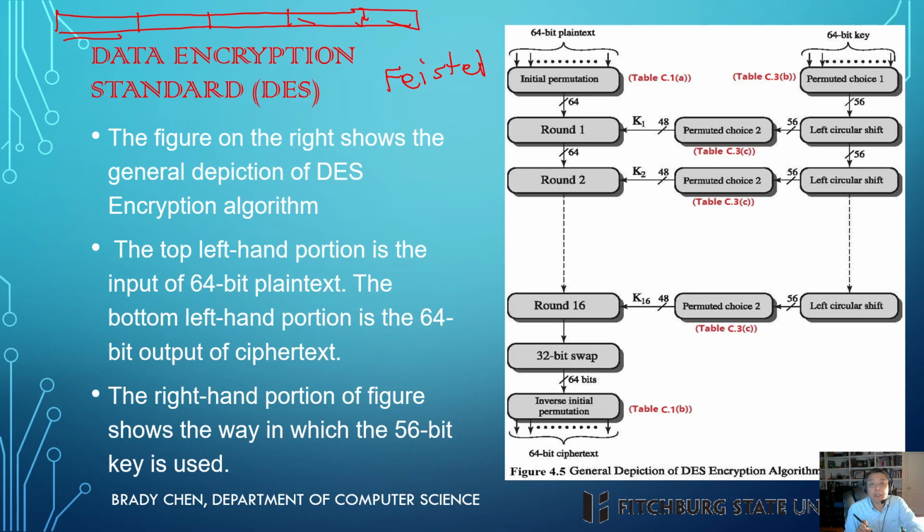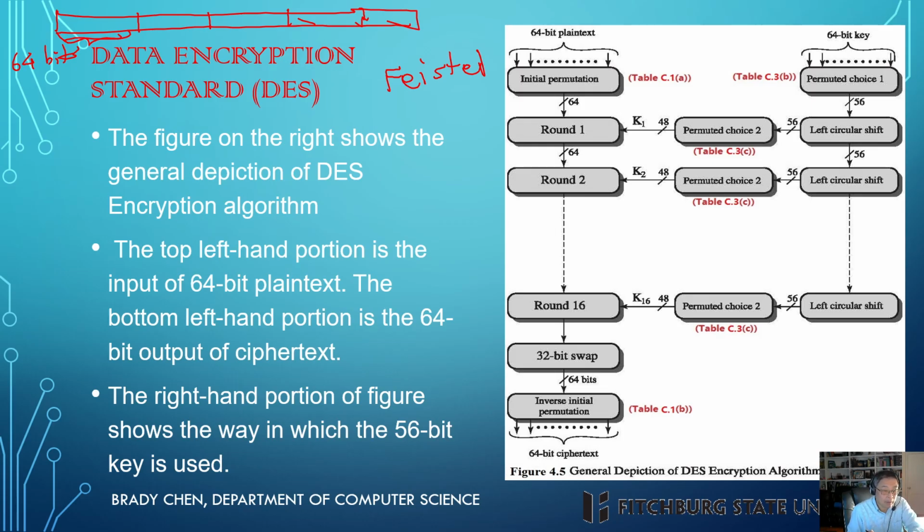These two halves are processed through multiple rounds. In DES, each block consists of 64 bits, and each block will be encrypted with a 56-bit key, which also generates a 64-bit ciphertext output.